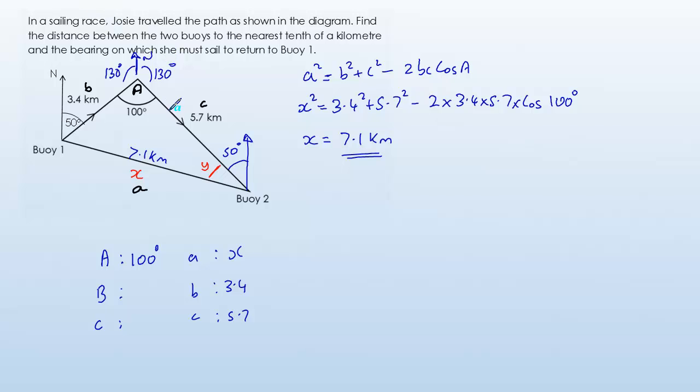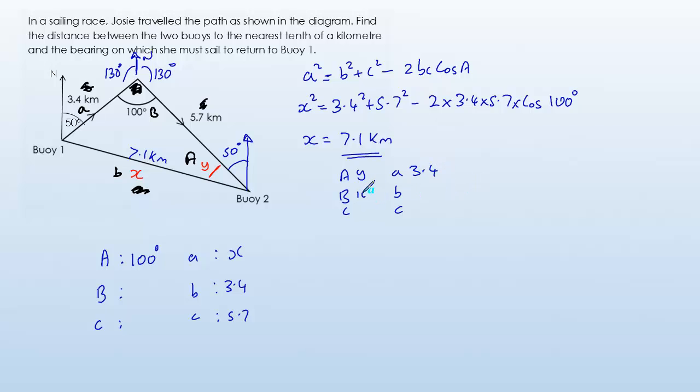Now what I'm going to do is do some relabeling. So let's just get rid of these labels, because since I'm finding this one, I'd like that to be A, which means this one is A, and then I could call this one B and this one B. And if we do the table for this, so A, B, C, A, B, C, this is Y, and this is 3.4.